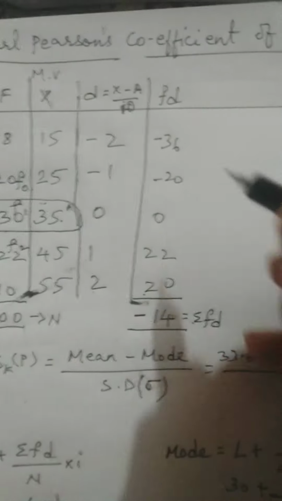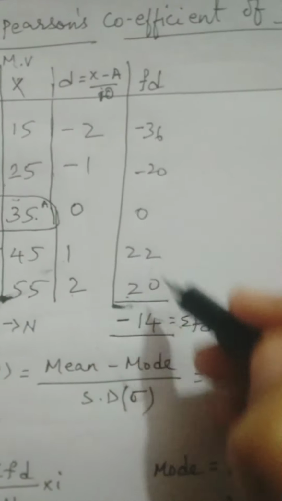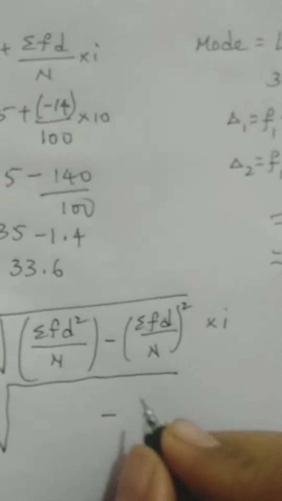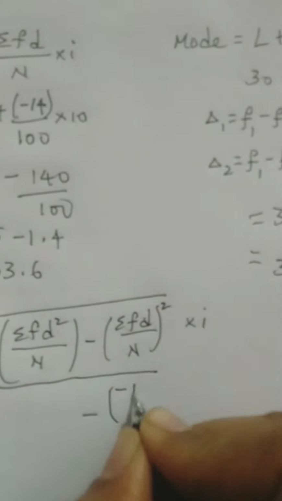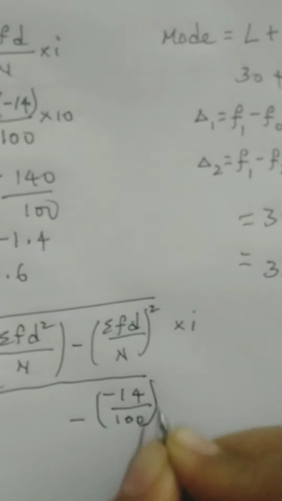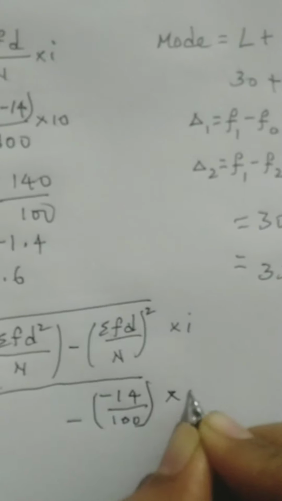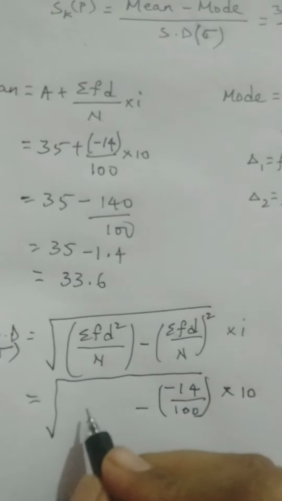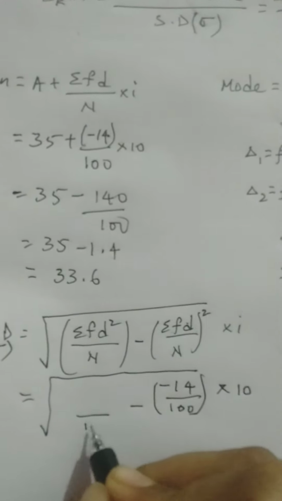How did I get this summation of FD? When I added this, I got summation of FD is minus 14. So I am writing here minus 14 divided by 100, into I, the common difference, which is 10 we got. Then, students, I have to calculate this by 100.